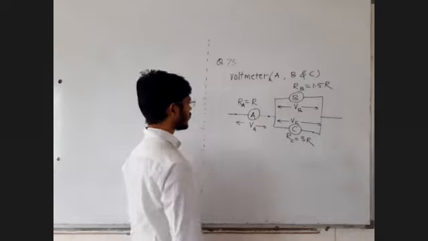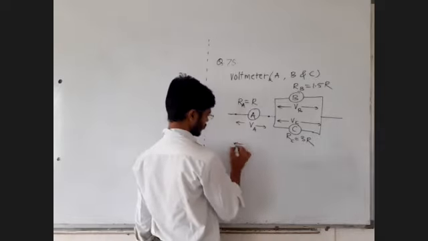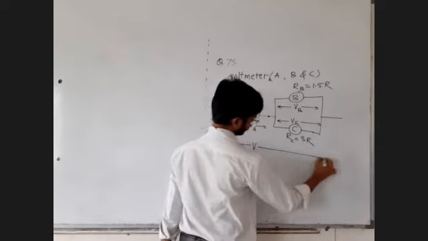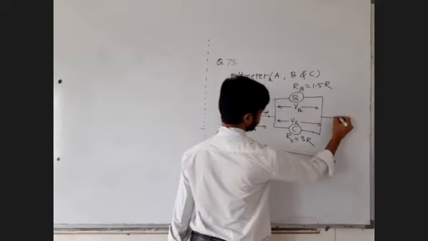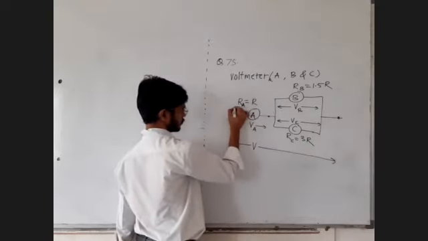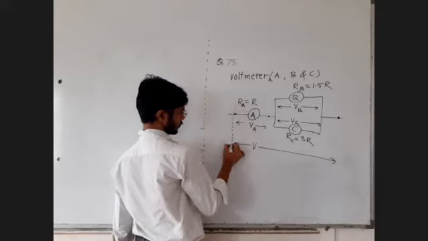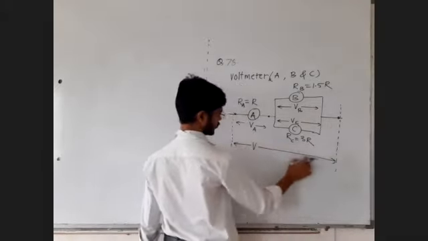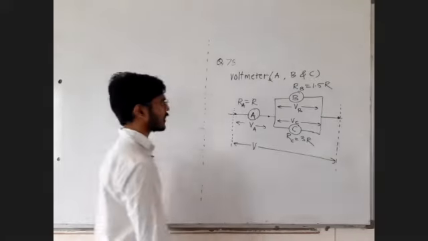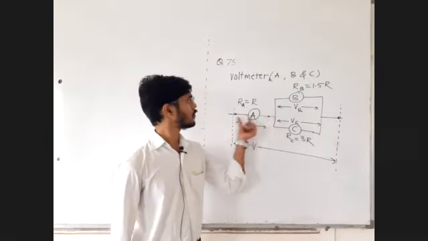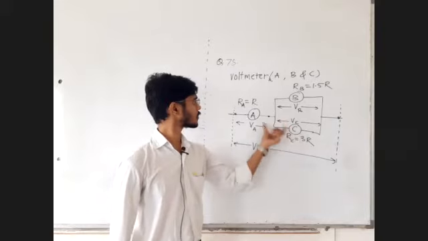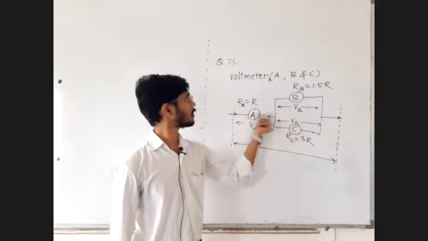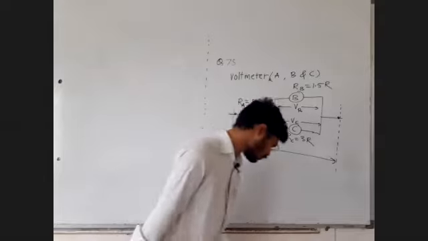Some potential difference V is applied across this combination, between these two points. Let me draw the dotted line so that you can understand. Between these two points the total potential difference V is there, and they are asking whether the readings of the voltmeters will be equal or non-equal, which value will be more, which less.